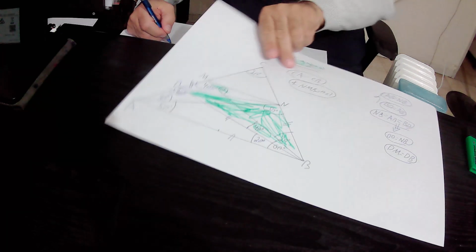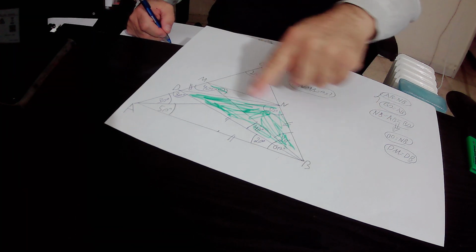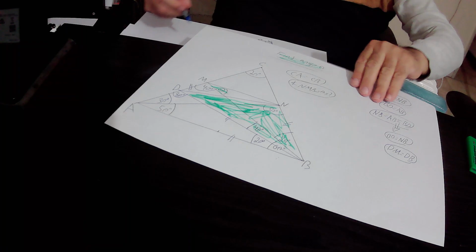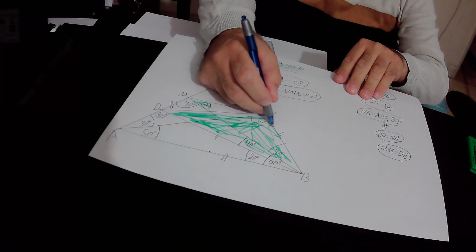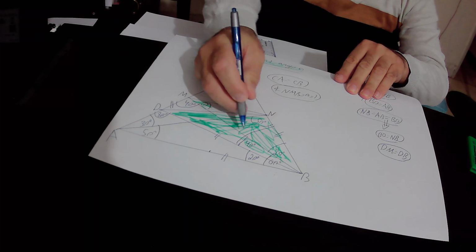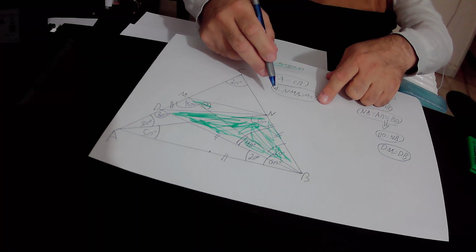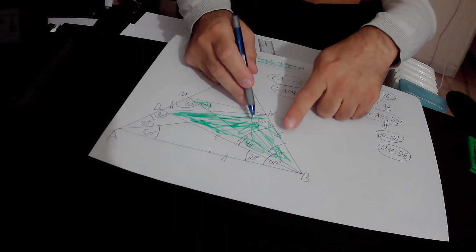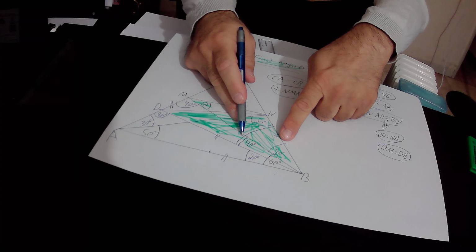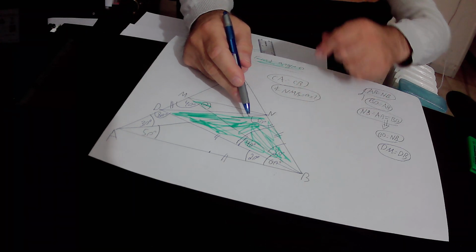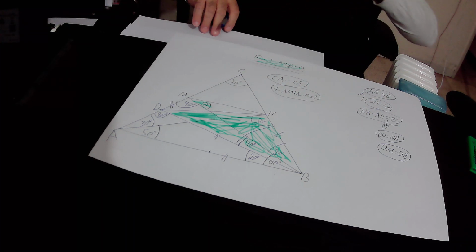What is the size of this angle NBD? From the drawings it is very easy to see that angle NBD equals 20 degrees plus 40 degrees. So angle NBD equals 60 degrees.